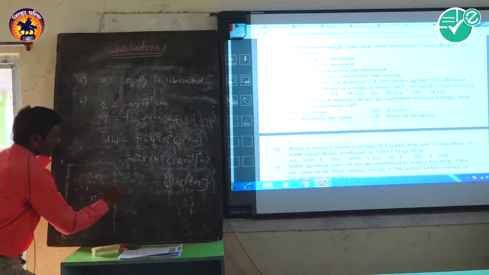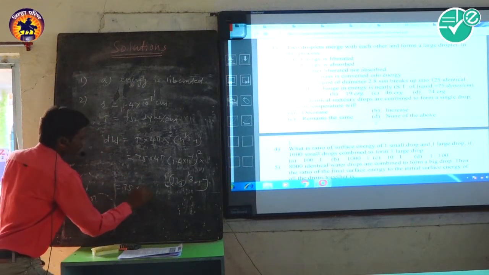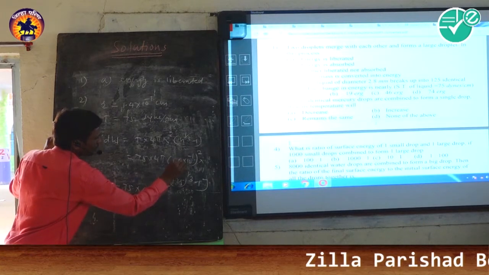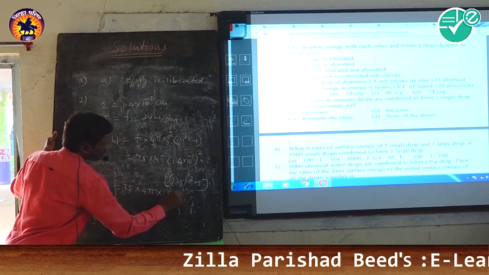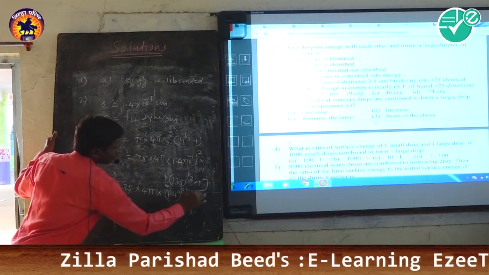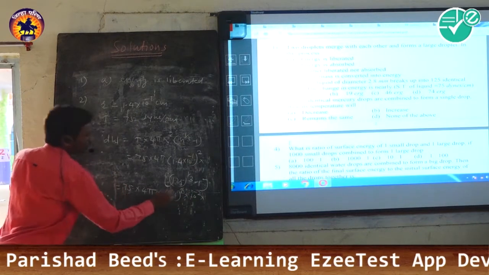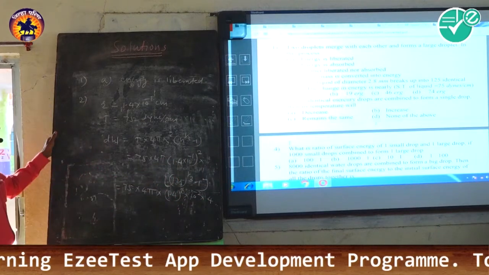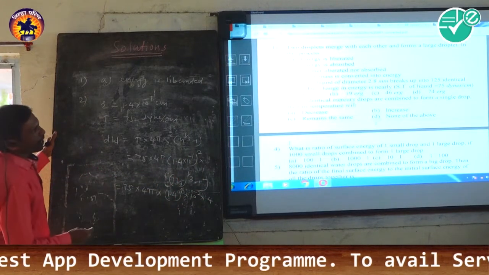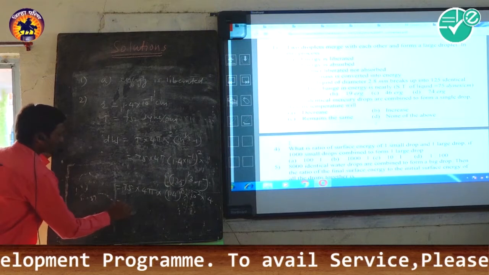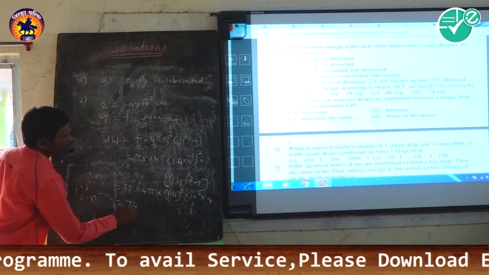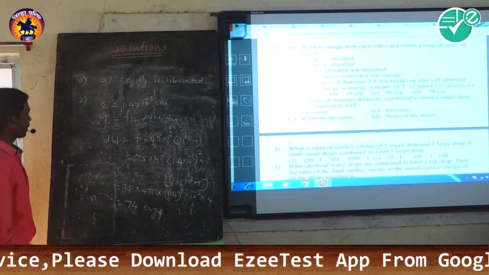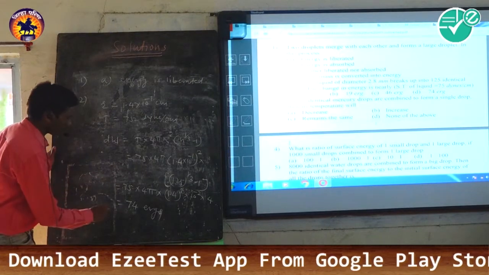That is 75 into 4 pi into 1.4 square into 10 raised to minus 2 into, the cube root being 5, minus 1, which is 4. So by calculating this approximately, the answer we get is 74 ergs. It means option 1 is D.